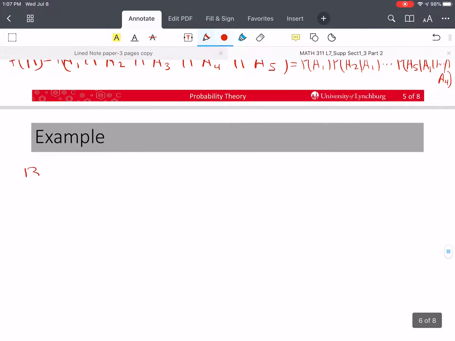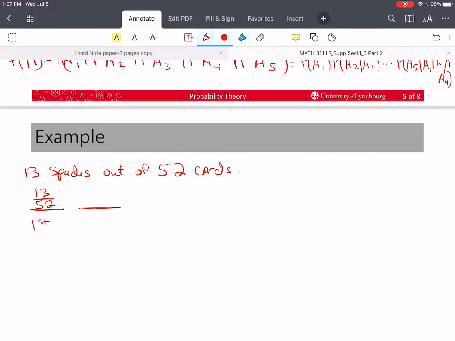There are 13 spades out of 52 cards in the deck. So I'm going to take the first draw, and it's going to have 13 out of 52 total cards. Now, when you're dealt a hand, you keep them. So this is without replacement.